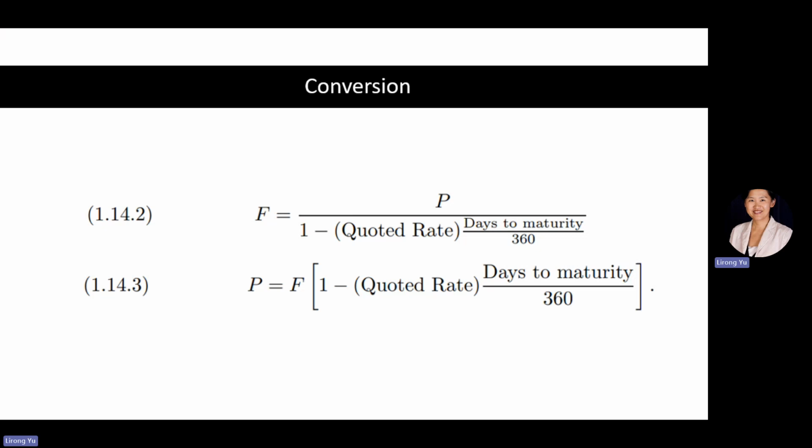So 1 minus D times T. Number of days divided by 360 is the time T. And 1 minus D times time is our discount function. If you divide by the discount function, that's like multiplying by the accumulation function. So this is accumulating the P onto a future value. Over here is discounting the future value onto the present value.